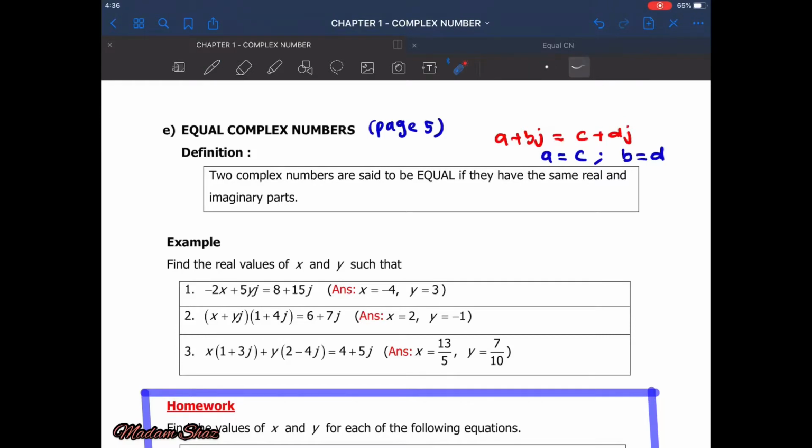So let us take a look at example 1. Find the real values of x and y such that negative 2x plus 5yj is equal to 8 plus 15j. So we want to find the values of x and y so that the left hand side is equal to the right hand side.